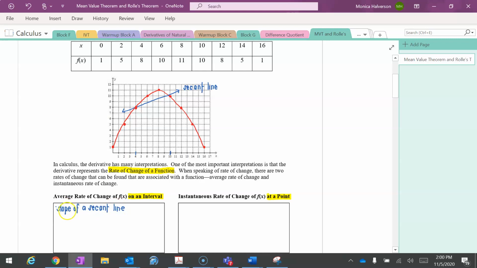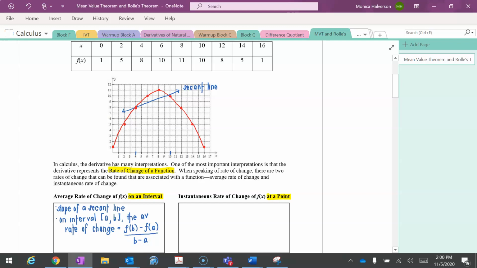So what's important about this is on an interval AB, the average rate of change is equal to f of b minus f of a all over b minus a.